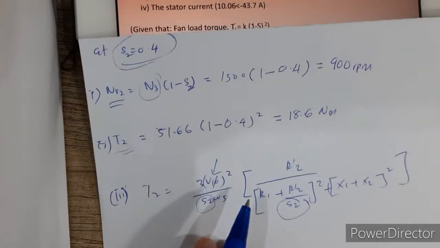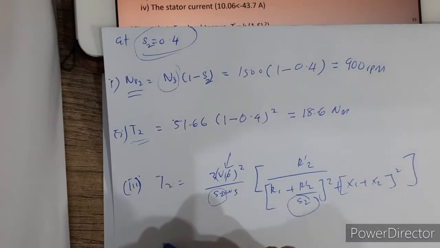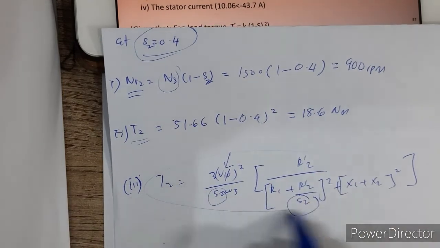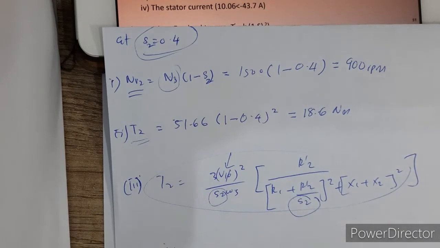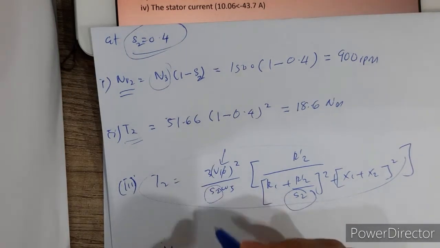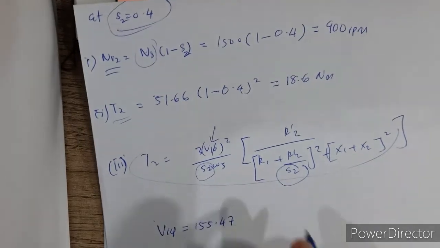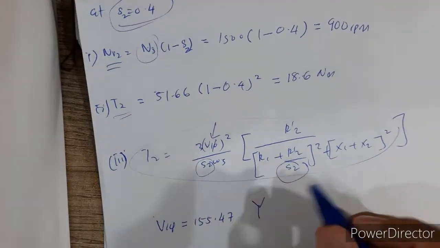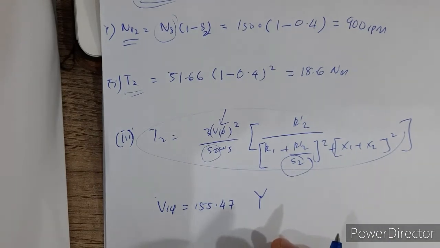Okay, what I get here is 155. From this equation, V single phase is 155, 147. Remember, this is a star connected system, so the answer should be in terms of line.